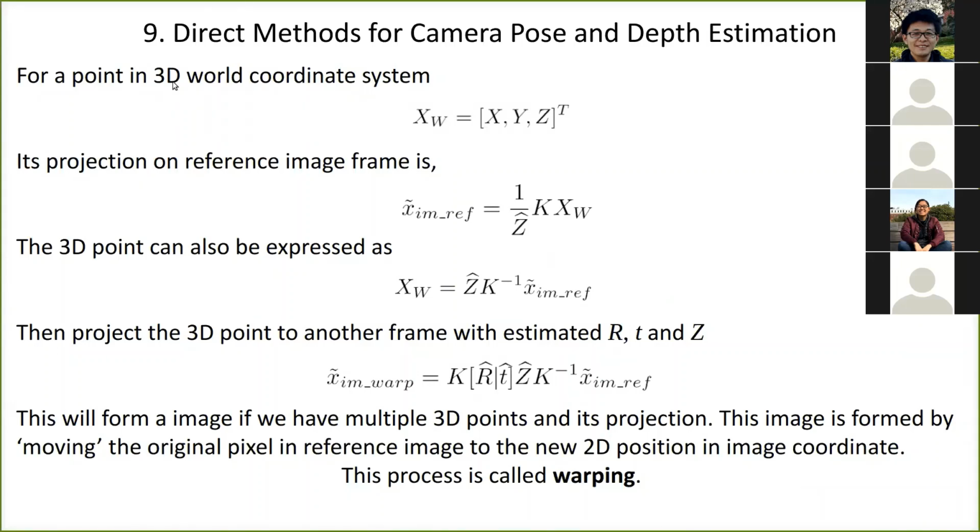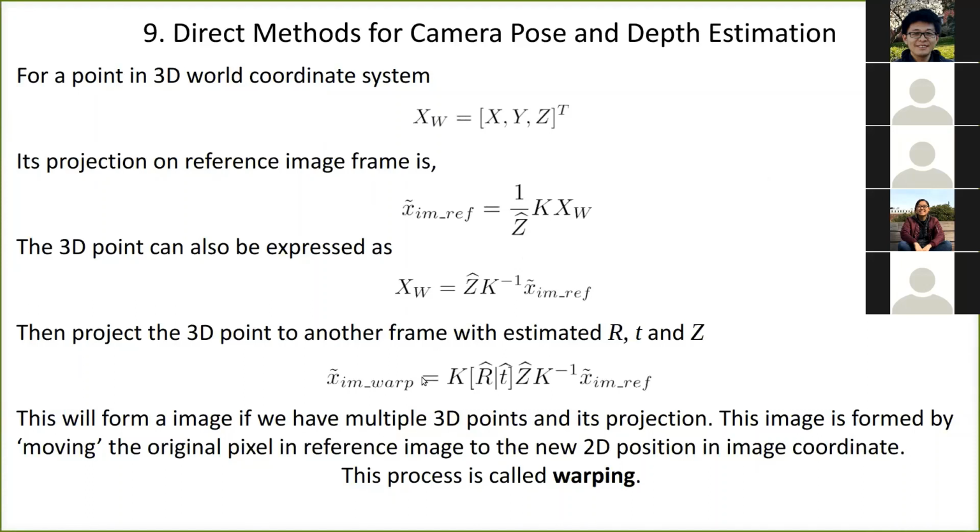So for a point in the 3D world coordinate system, Xw equals x, y, and z, we can back-project this 3D point to the 2D point. We can represent this Xw with this x image reference here by using the intrinsic matrix and the depth that we estimate.